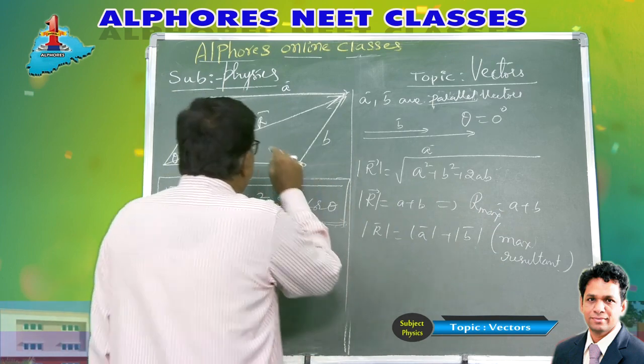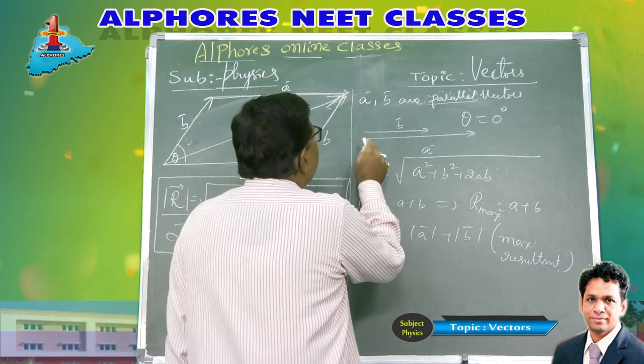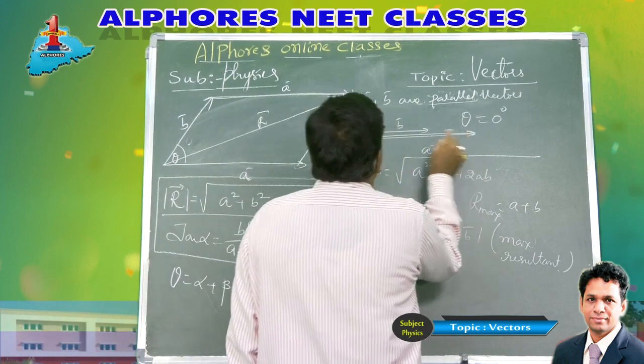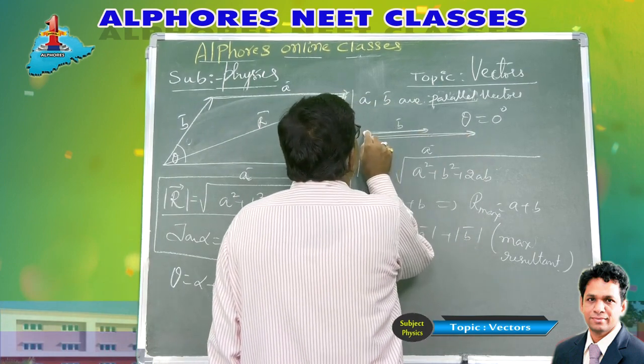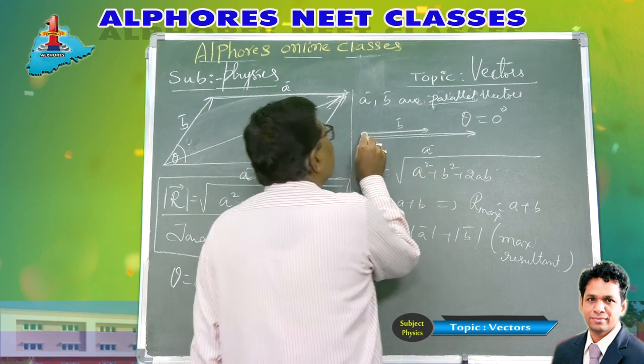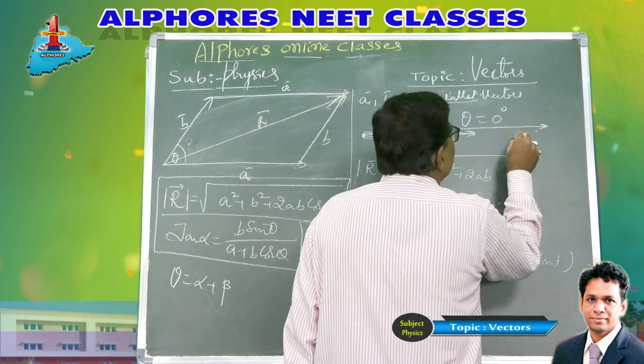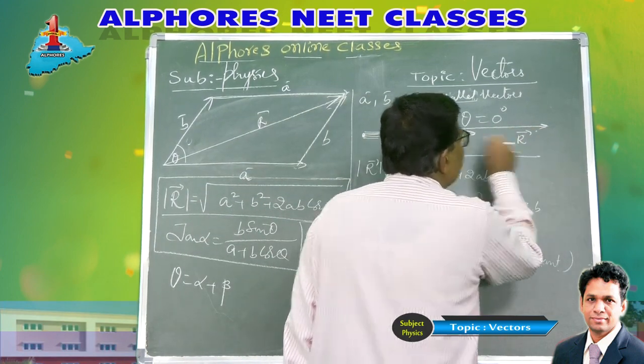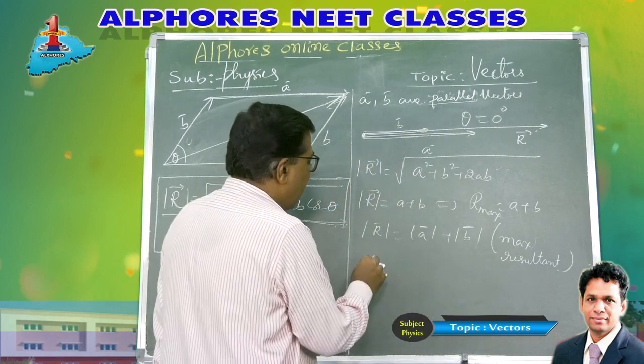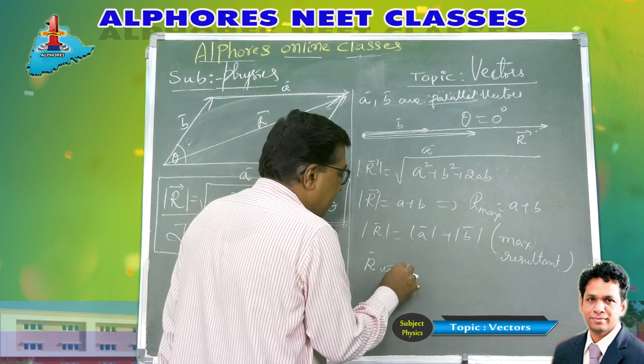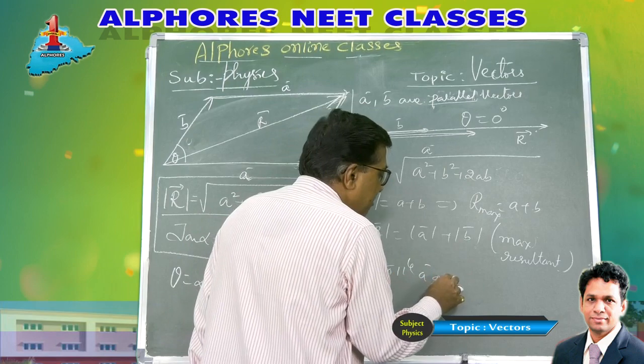Well, the resultant is the diagonal. If I take one vector like this and the other vector this way, both starting from this point, then the diagonal, even R bar, is in the same direction. So R bar is also parallel to A bar and B bar.